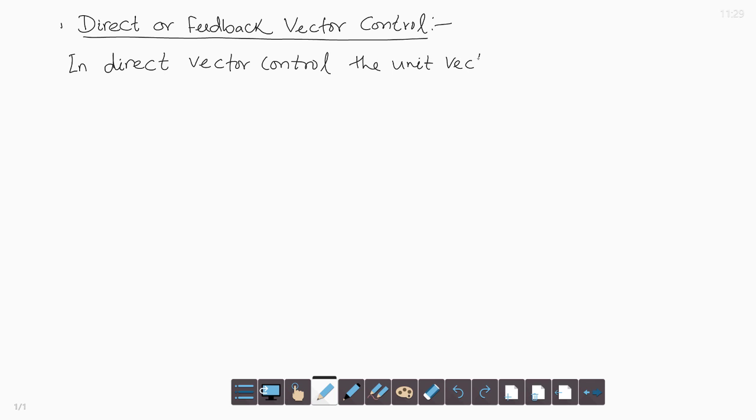you know what is unit vector? Unit vector is e to the j theta e. So, it has cos theta e and sin theta e, that is theta e angle is required. So, unit vector is generated from rotor flux components.